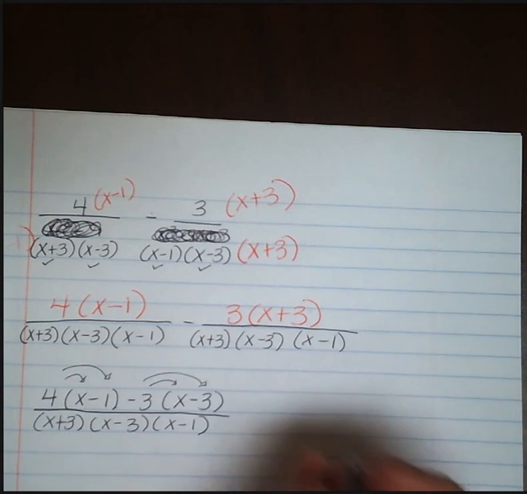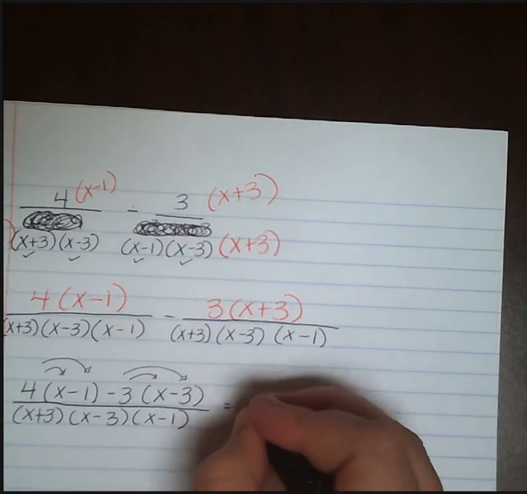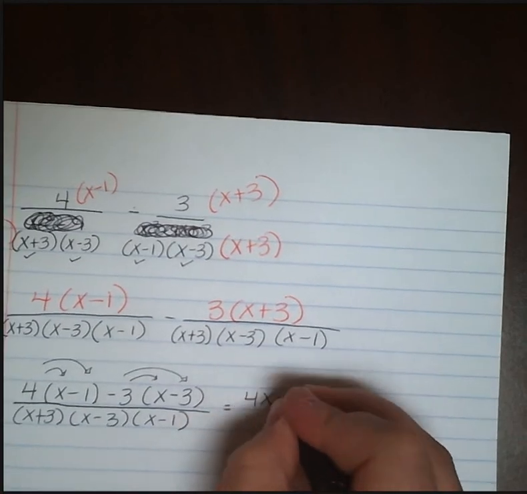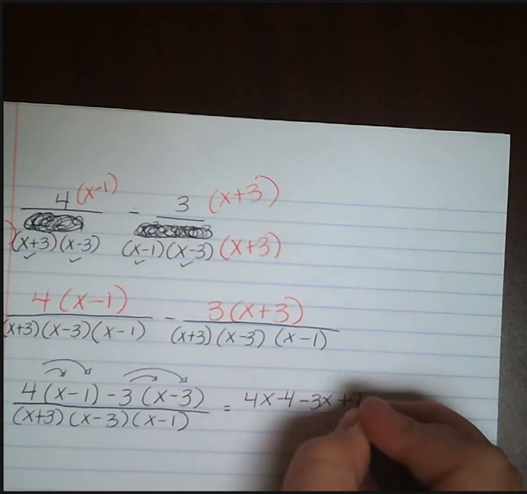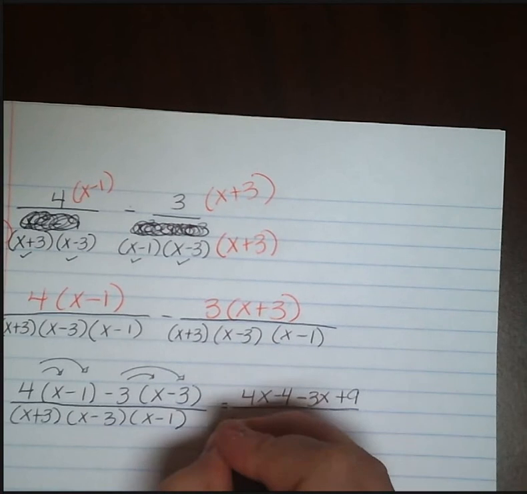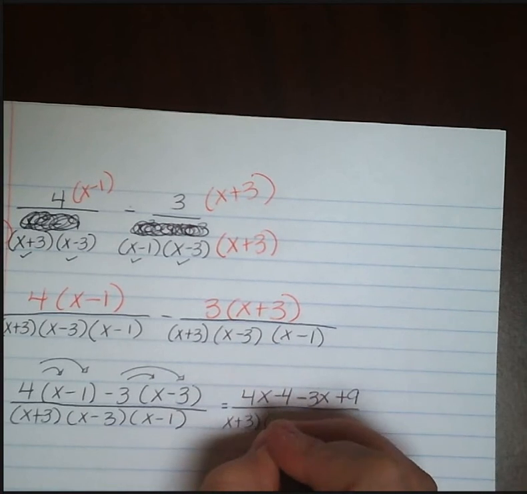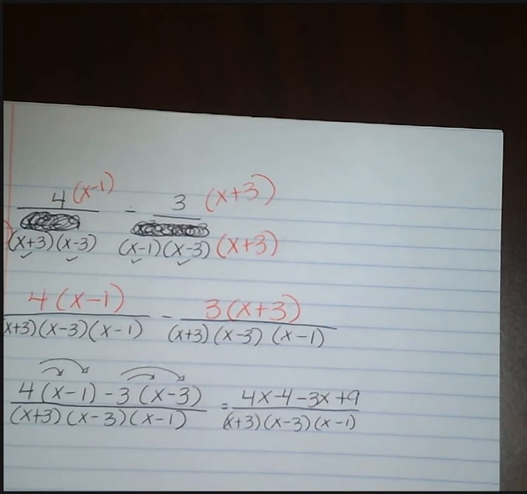That's going to give me 4x minus 4 minus 3x plus 9 over x plus 3, x minus 3, and x minus 1. Then we're going to combine those like terms.